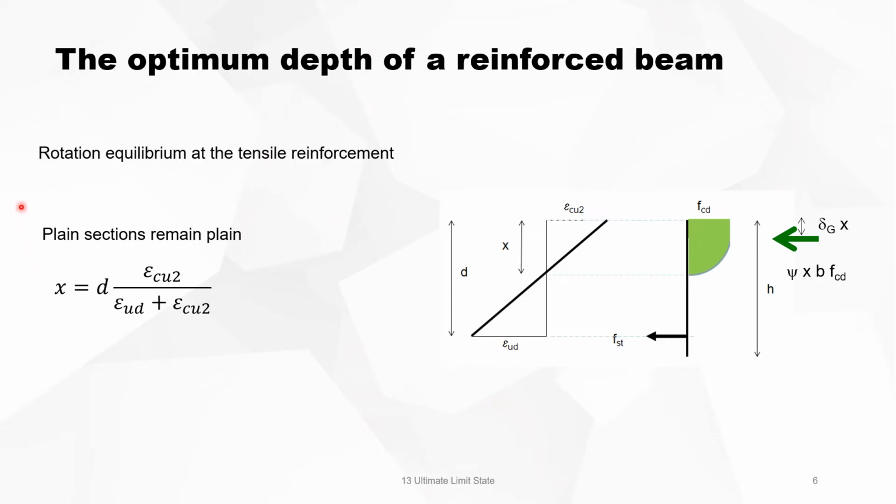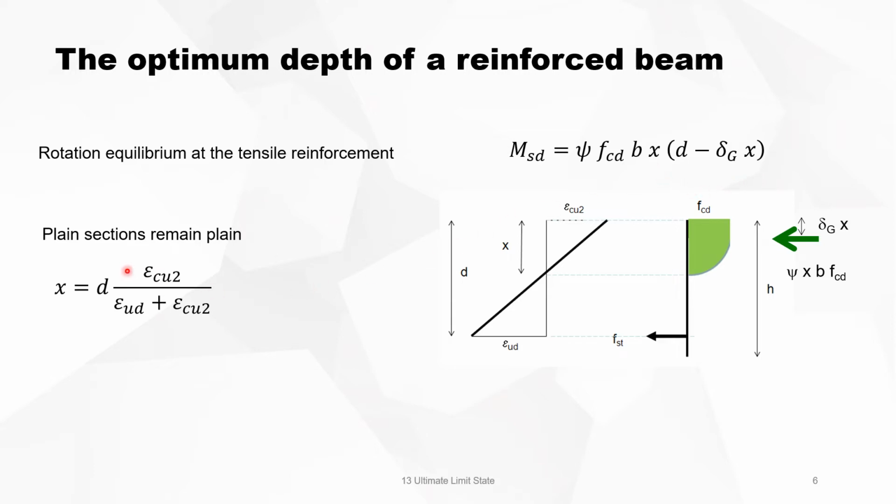Now we got a second equation, which is the rotation equilibrium around the tensile reinforcement. It is nothing more or nothing less than the total compressive force multiplied by its lever arm, which is d minus delta Gx. So we got the compressive force times the lever arm.